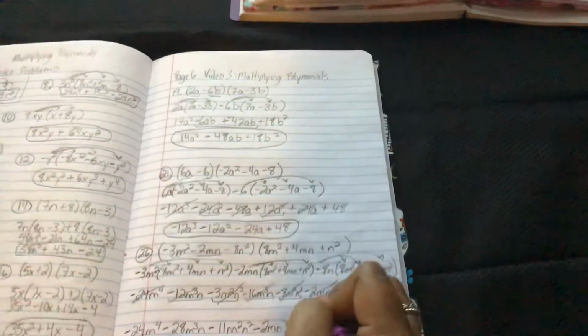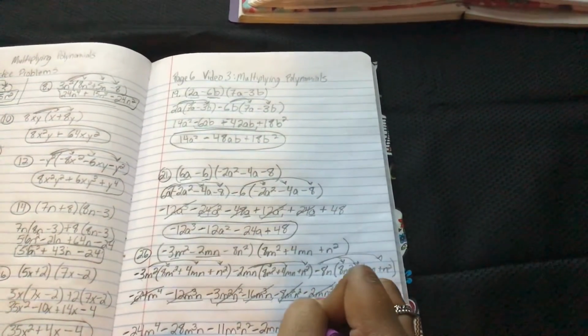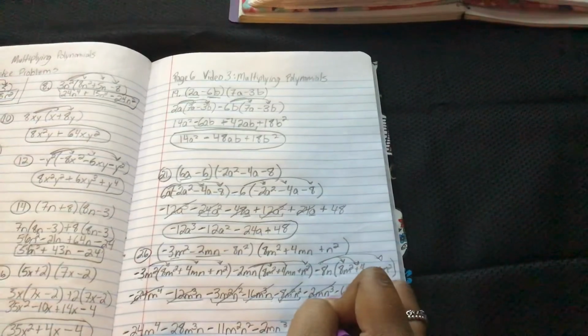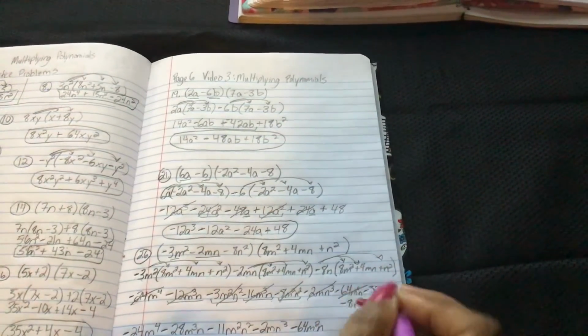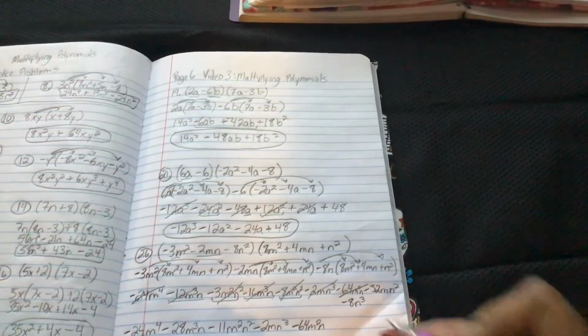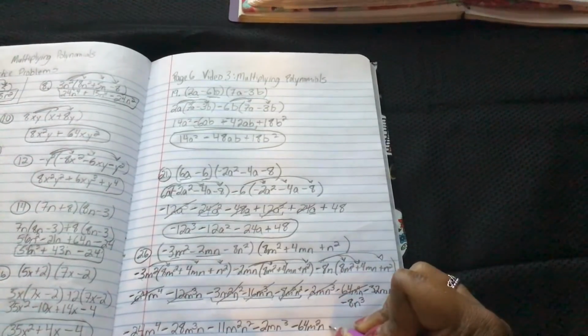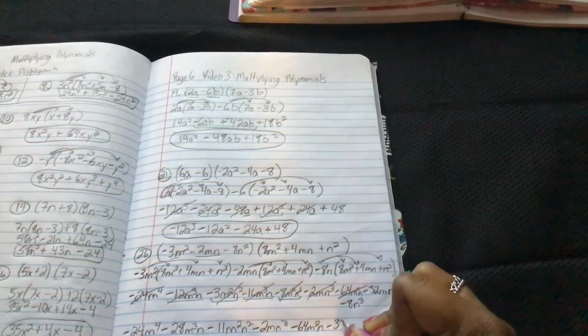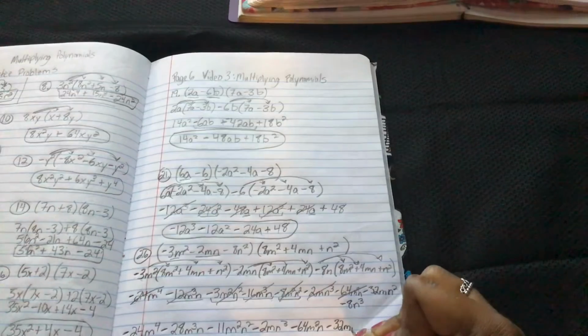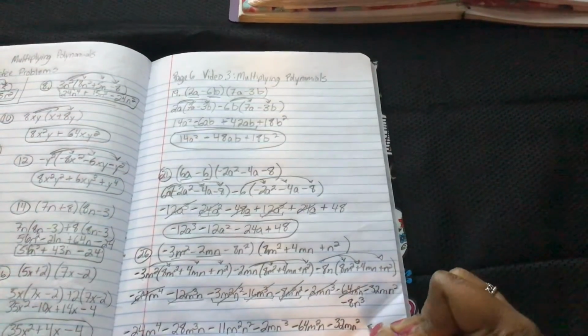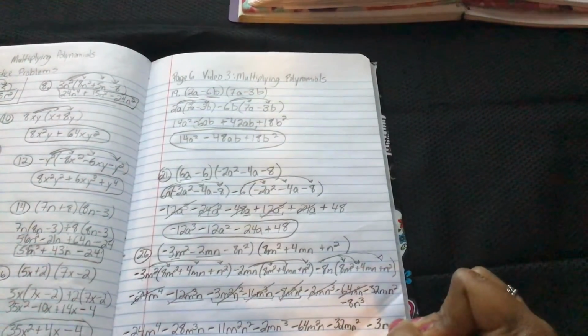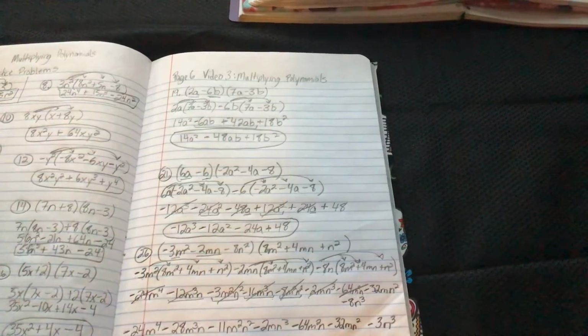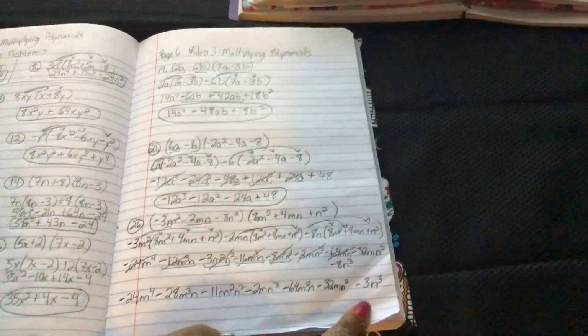There's not another one like that one either. And there's not another one that's like this one. And then the last one, bring it down as well. This is your final answer here.